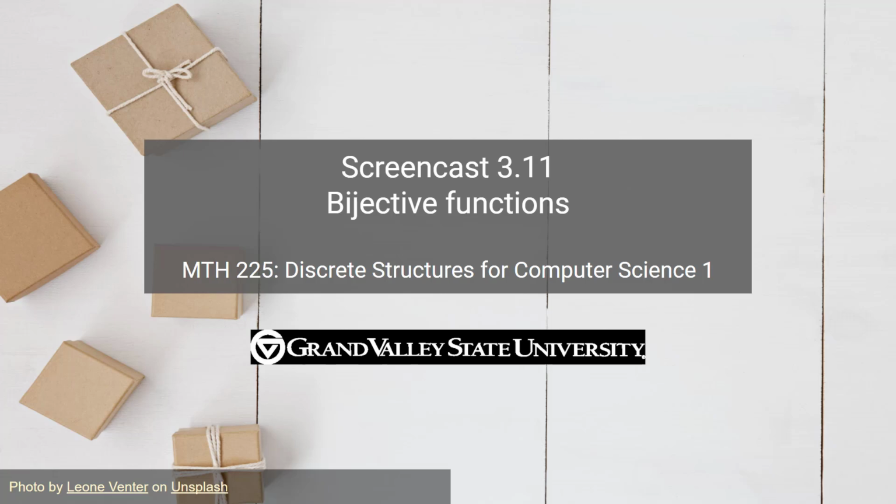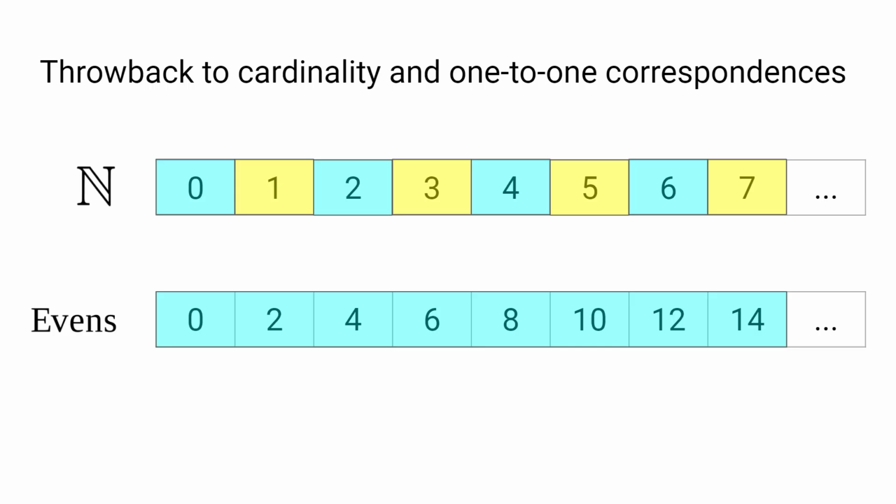Think back to several videos ago when we were talking about cardinality of sets. We had this example explaining why it was hard to talk about the cardinality of infinite sets because it can be counterintuitive. In that example, I argued that the natural numbers and the even numbers, in one way of thinking about it, have the same number of elements, even though the evens are clearly a subset of the entire natural numbers, because I was able to construct a one-to-one correspondence between the entire set of natural numbers and the set of just the evens.